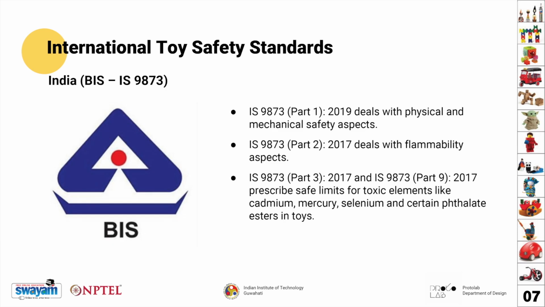The standard mandates safety features for toys with moving parts, projectiles, or foldable structures and requires clear safety warnings and usage instructions to guide caregivers in selecting appropriate toys. Second is IS 9873 Part 2.